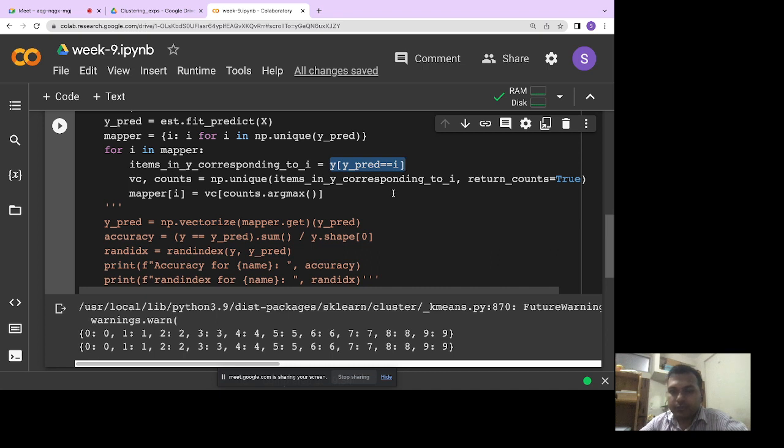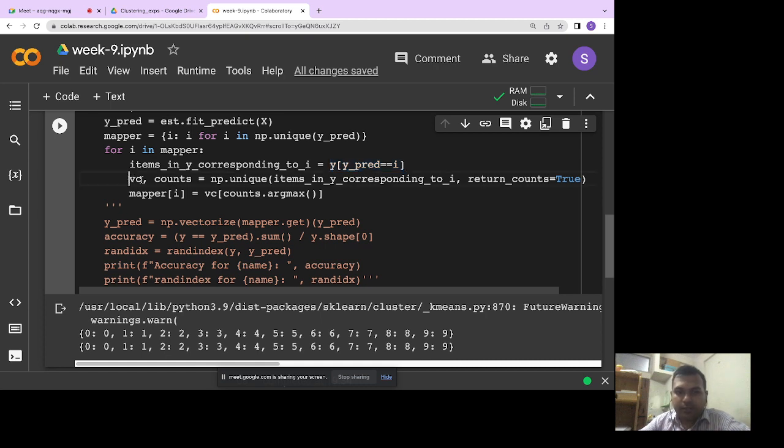So what this basically means is it will pick out all the indices in the actual target where I have predicted a particular value. So let's say I have predicted 0 in my k-means clustering. It will choose all the values in the target where the prediction has been made to be 0.